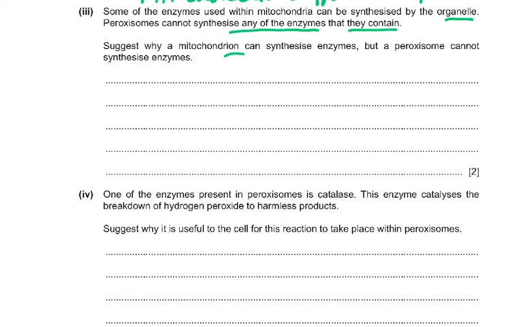So they have the enzymes for transcription and translation. Also, they can produce ATP for enzyme synthesis. As you know, protein synthesis is a very important process for which energy is needed, and ATP is a universal energy currency. So mitochondria have DNA, ribosomes, the enzymes for transcription and translation, and can produce ATP.